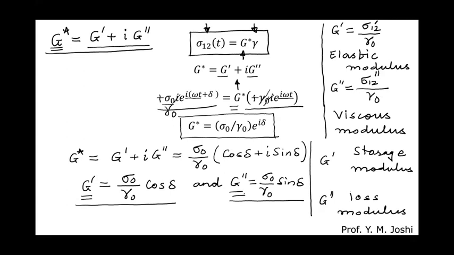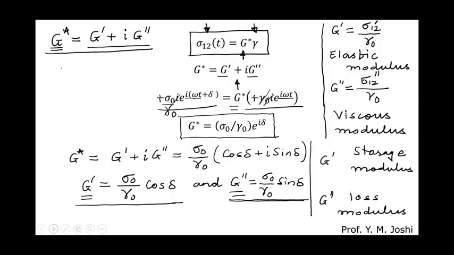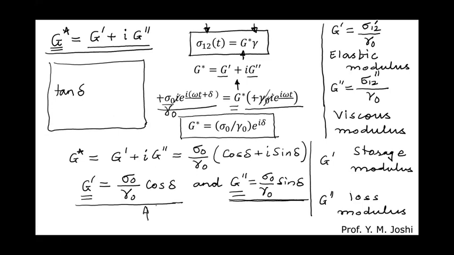All right. There is another important parameter which I mentioned in the previous slide, but just confirm that the G prime and G double prime shown on this slide are identical to what is written over here. All right. And the next important parameter that we must define is called tan delta. And tan delta is very clearly, from this expression as well as from this expression, equal to G double prime by G prime.